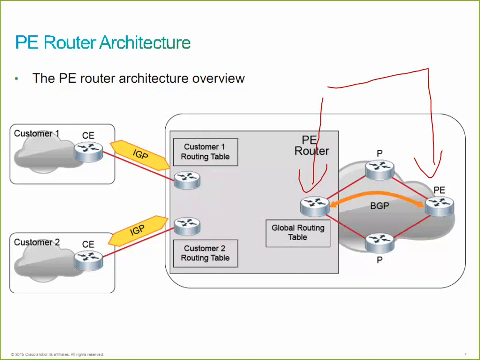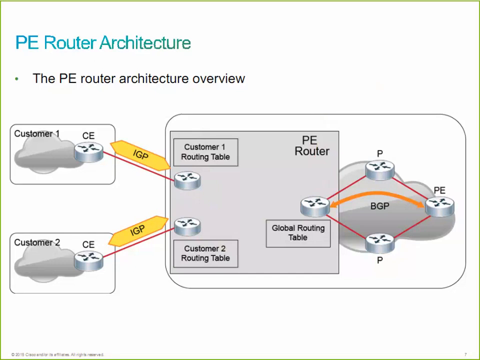So we're peering between those two PE routers, but there has to be reachability, there has to be connectivity in order for that to happen. And that connectivity is serviced by our core IGP. So the global routing table is what allows those PE routers to communicate with each other.